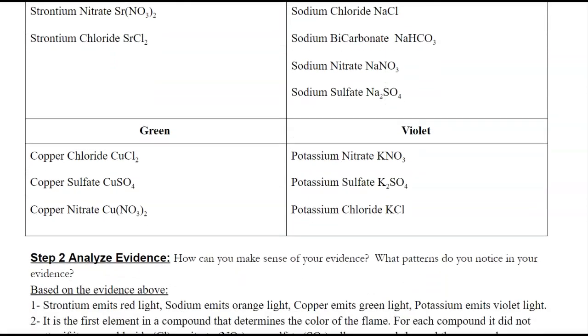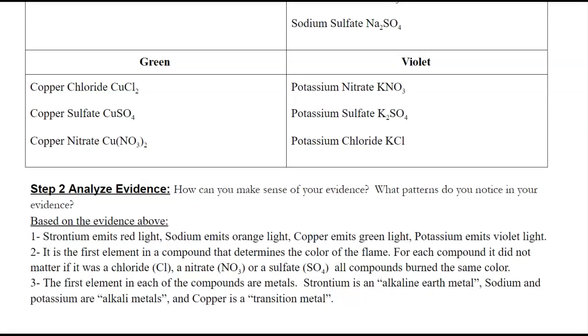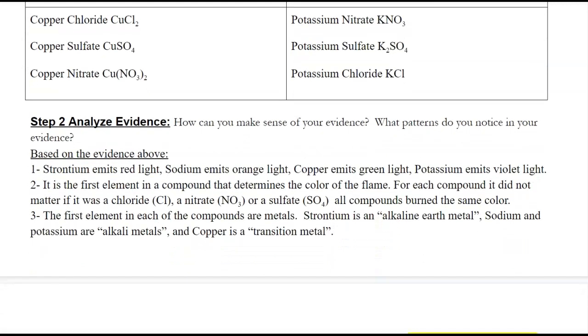We analyzed our evidence in class, and in class, ideally, you would have come up with these basic statements and hopefully wrote them down. Step two here on your sheets is where I found some of the information really lacking, not as descriptive as it really should have been.